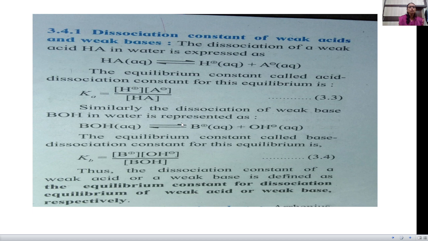Then its dissociation constant is represented by the symbol Kb. B here is for weak base. Kb is the dissociation constant of weak base. When you apply the law of mass action to this equation, Kb is equal to the molar concentration of B+ into the molar concentration of OH- divided by the molar concentration of BOH.